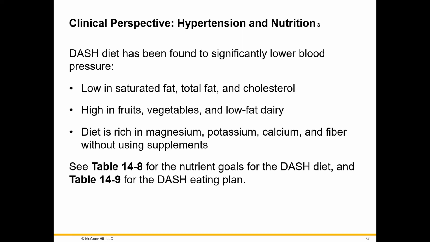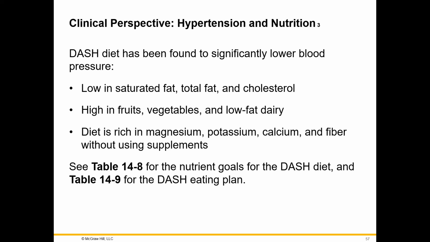It's an eating plan that focuses on eating foods that can help lower blood pressure and improve your cholesterol levels. The DASH diet emphasizes eating fruits and vegetables, whole grains, lean protein, low fat or fat free dairy. And it also is a diet that is rich in magnesium, potassium, calcium, and fiber without needing supplements.